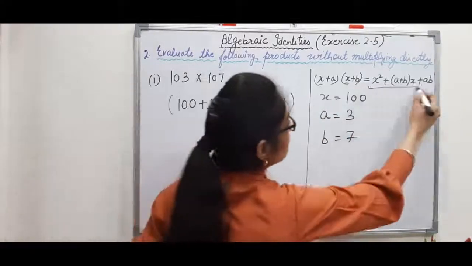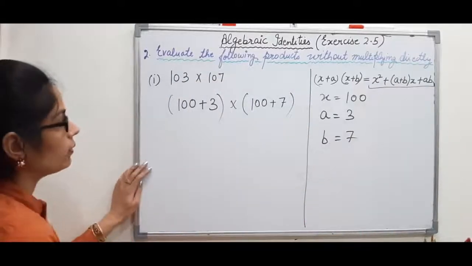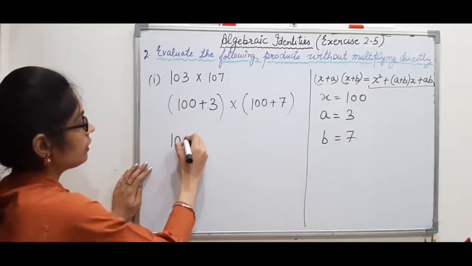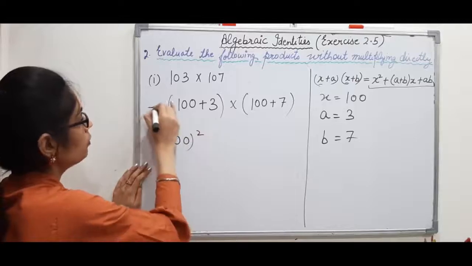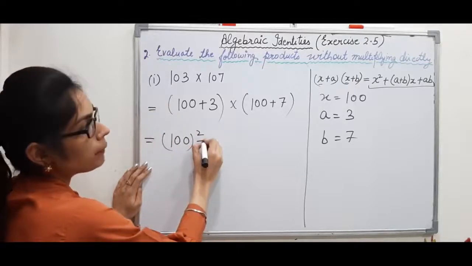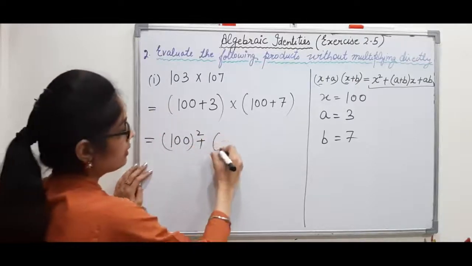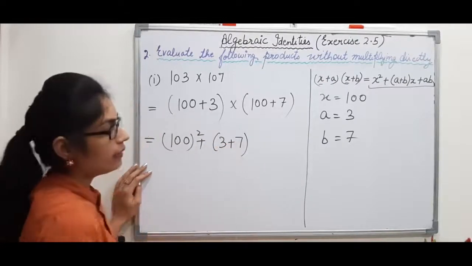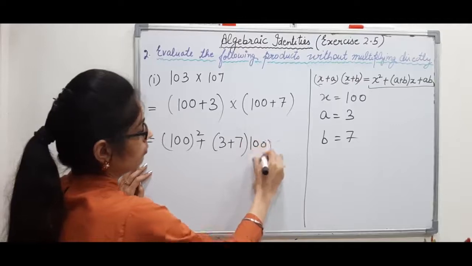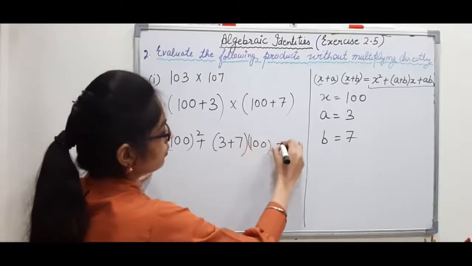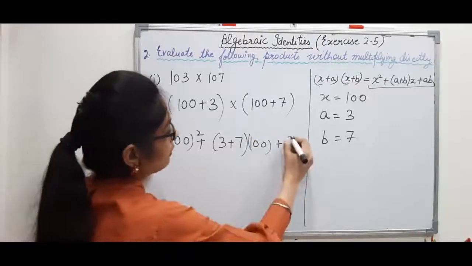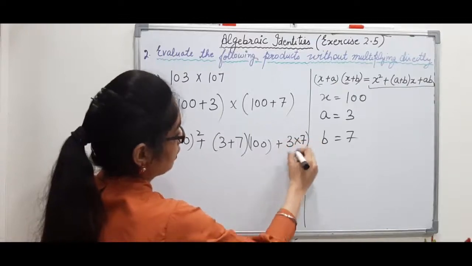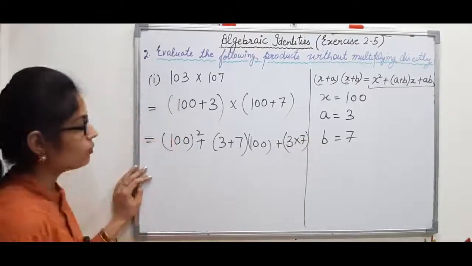You can use this expanded form. So x square, x is 100, so 100 square we have to do, plus a plus b, a is 3, b is 7, into x, again x is 100, plus a into b, 3 into 7.